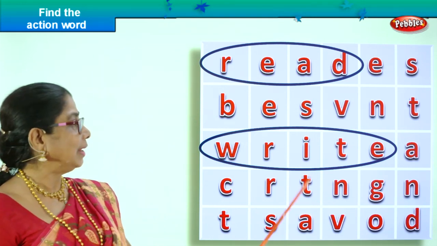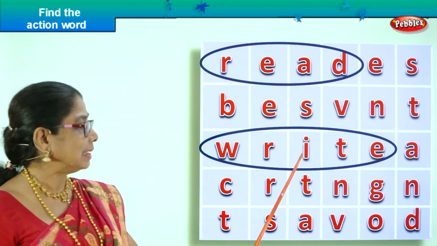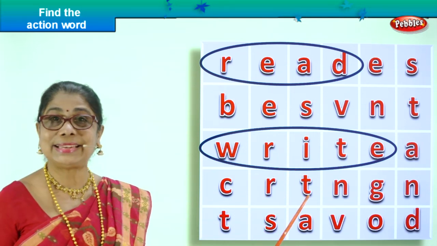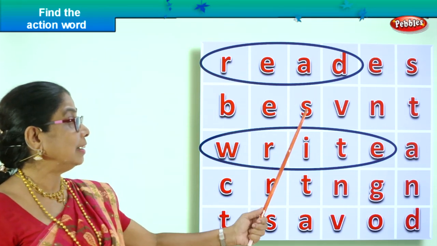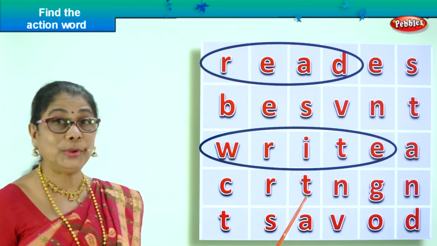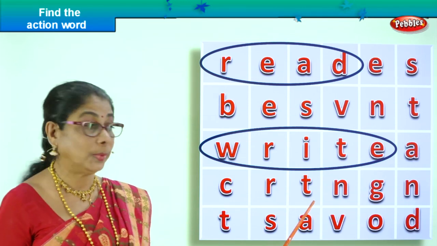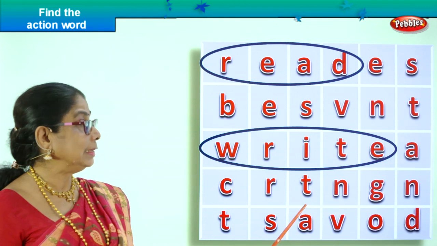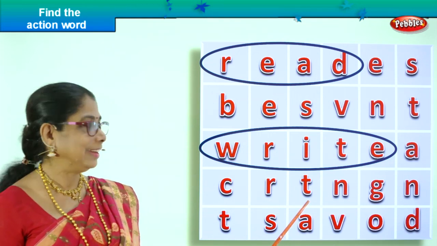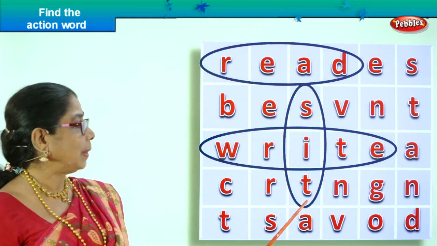Sit. So we found an action word here. Sit. Very good. What do we do now? We circle the word. We put a circle on S-I-T. Sit. Good. Very good. So we found an action word.